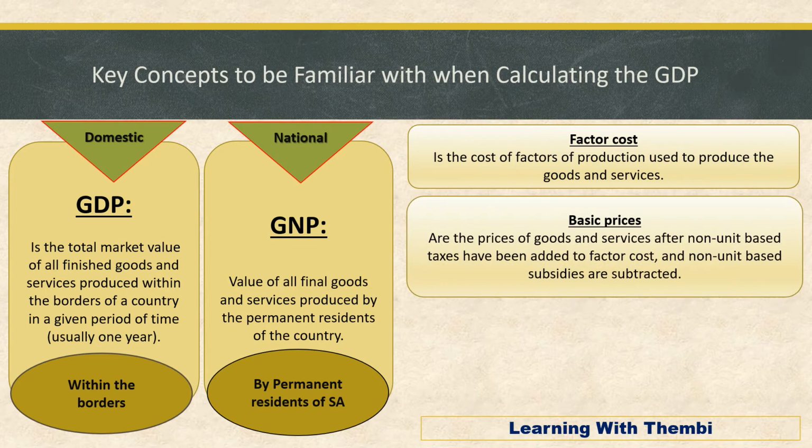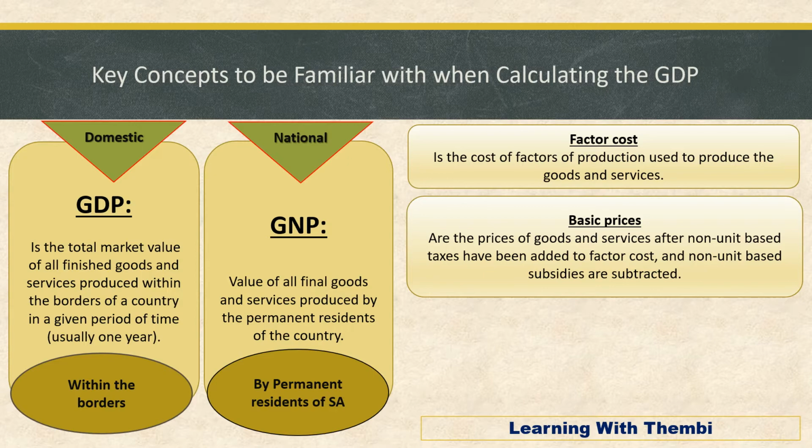Then fourthly, we've got the basic prices. The basic prices are the prices of goods and services after the tax on production has been added to the factor cost and the subsidies on production has been subtracted on the factor cost.